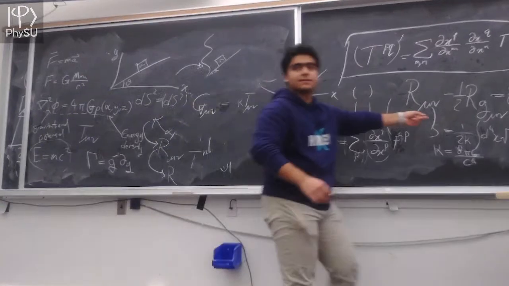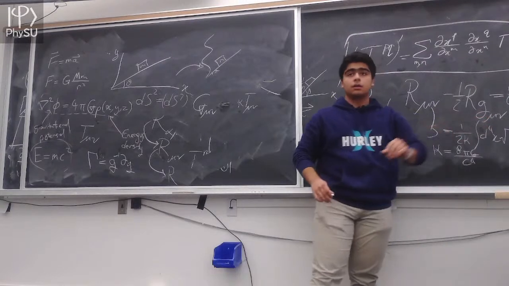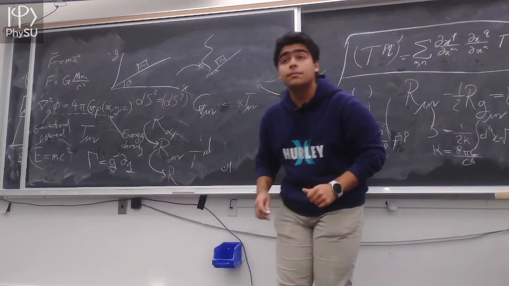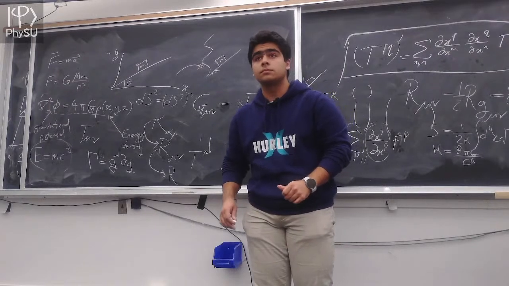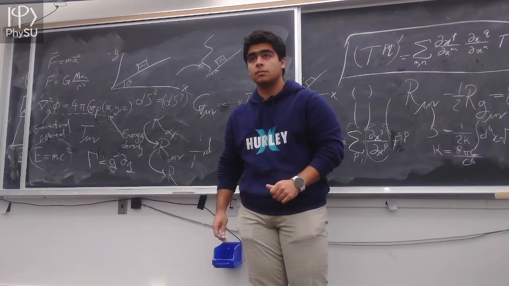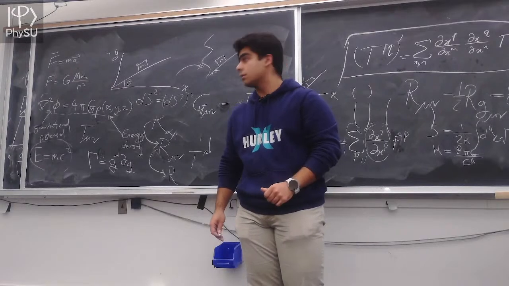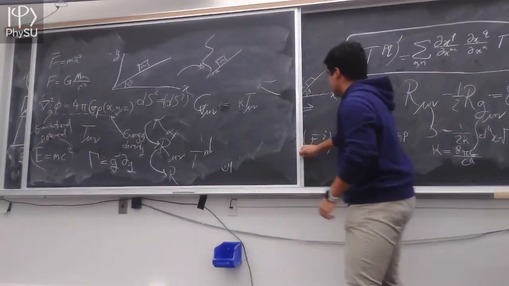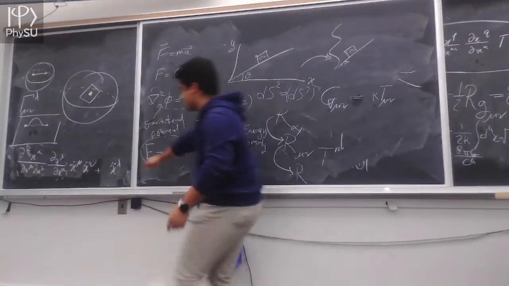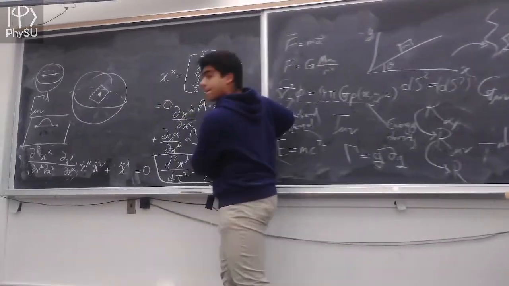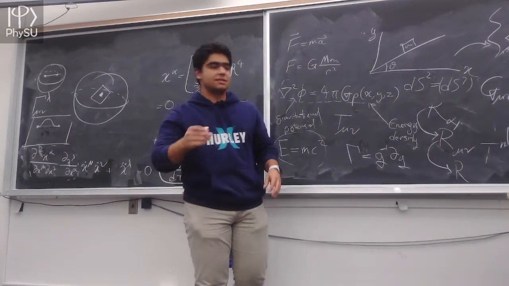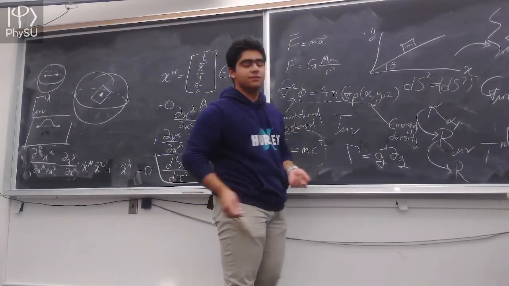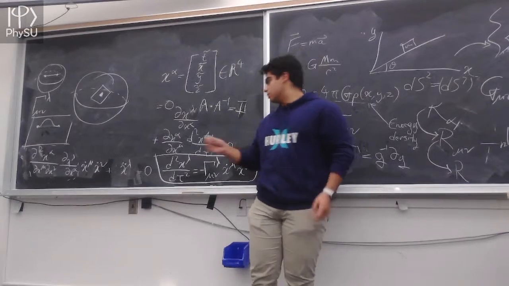Solve for the metric tensor, yes. Yes, this equation here, right? So the question is, after you solve the Einstein field equations, is the goal to put it into this?